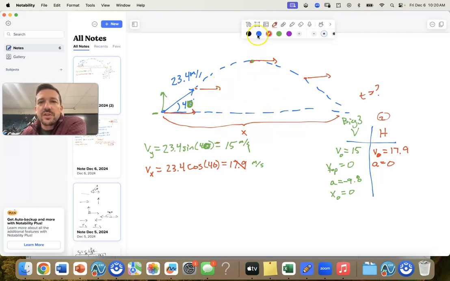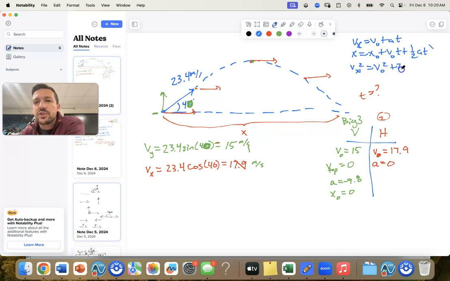Okay. So the first question, let's figure out how high it goes. So I'm going to have to use one of my big three formulas. Let's look at those formulas real quick. It's Vx equals V naught plus AT. We got x equals x naught plus v naught t plus half a t squared, and vx final velocity squared equals initial velocity squared plus 2 times a times x minus x naught.